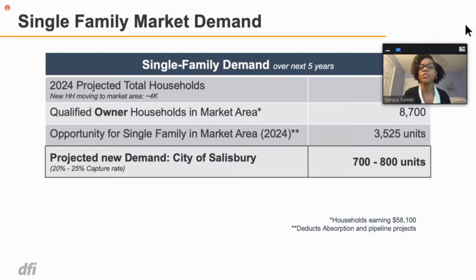Qualified owner households in the market area, again, households earning greater than or equal to $58,000, is 8,700 households. So we find that there is opportunity within the market area for 3,500 new single family units. And when we look at Salisbury specifically, we find that there's a demand for 700 to 800 units.